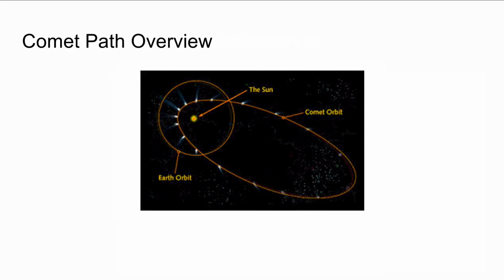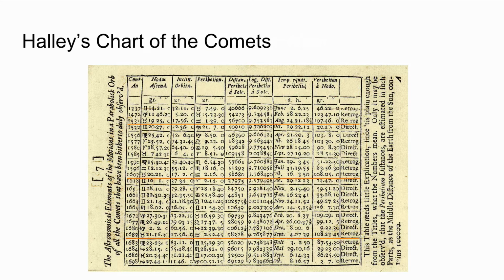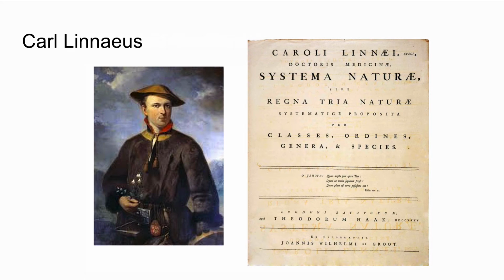And here's a diagram of Earth's orbit, the sun and the comet orbit. Let's take a look. Here is a chart of Halley's comet predictions and when it would occur. The fact that his predictions came true just vaulted him to a really high standard among scientists.